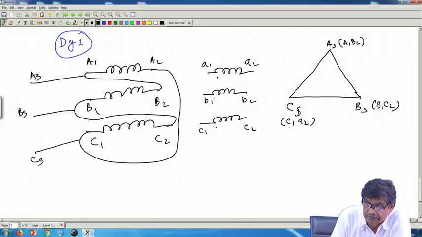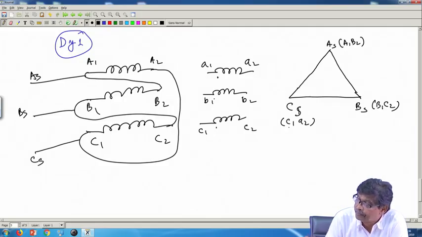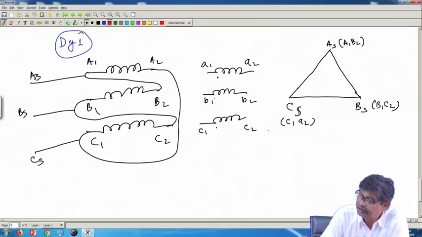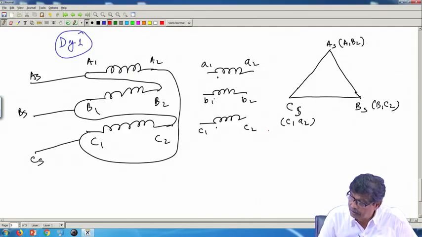And suppose the secondary I have not connected, that is what I am telling. I want to achieve this one connection. But what I know is this, that I now have in the secondary these phasors available to me. What is that? Small a1, a2, this is available.